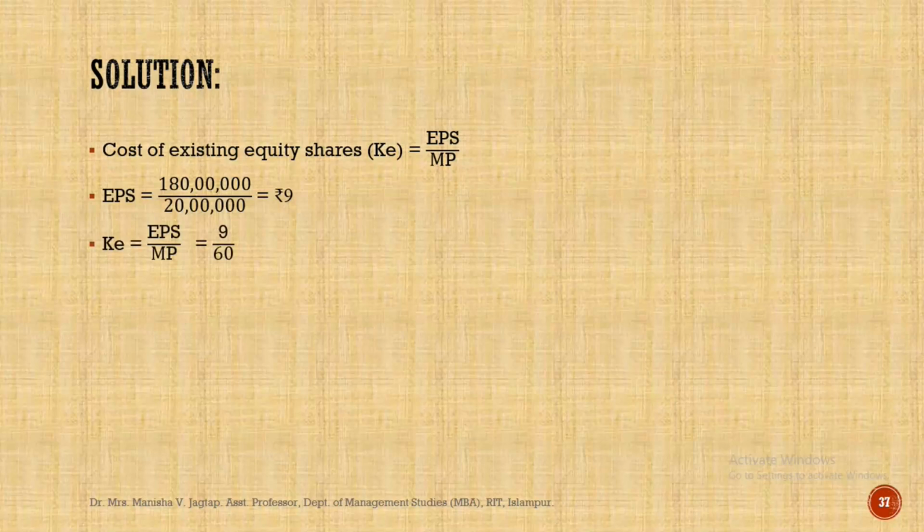Now apply the formula 9 upon 60. 60 is the market price given in the example. Thus, the cost of existing equity shares is 15%.